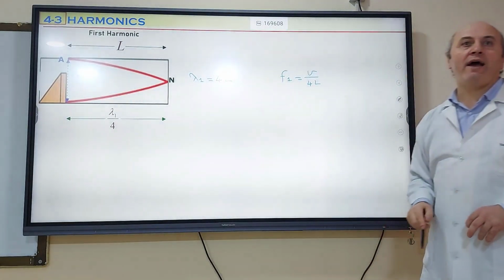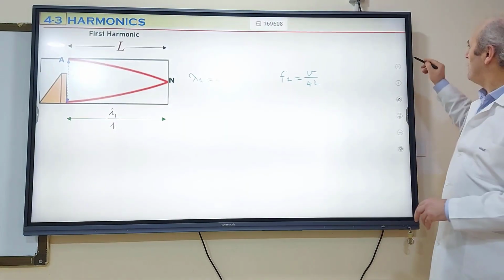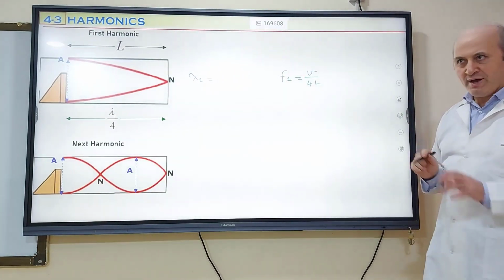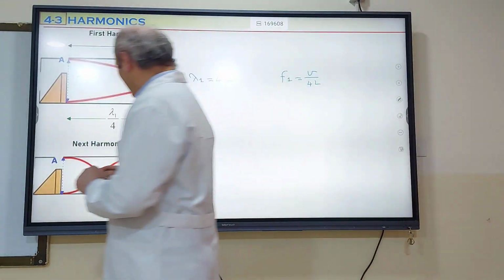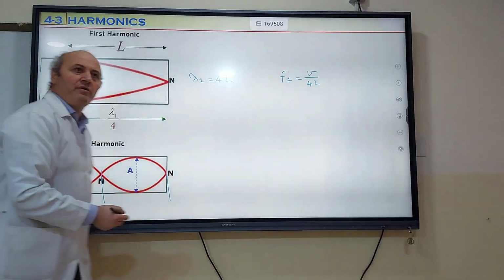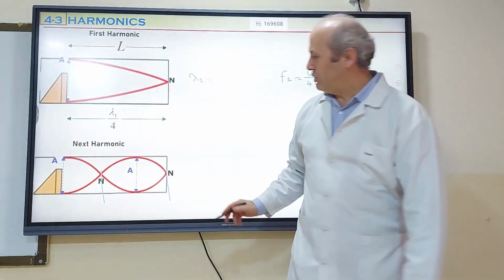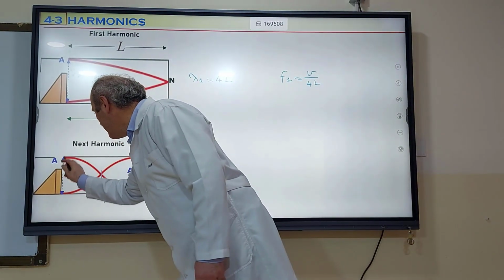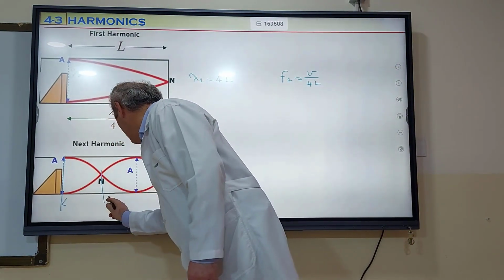Next harmonic should have 1.5 loop. We add one more loop. So, from node to node, it is lambda over 2.